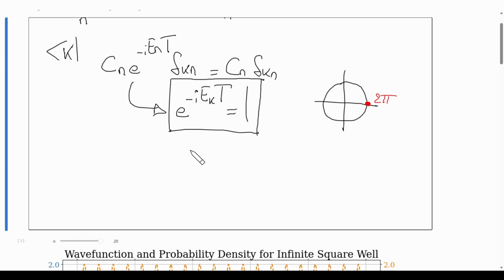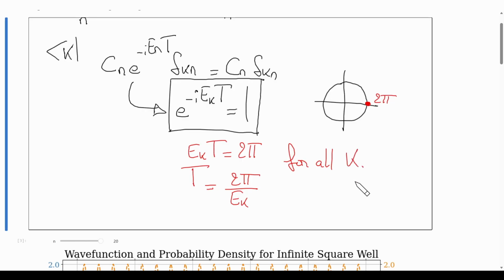But 2 pi will do, so Ek times t equals 2 pi. So this t must be 2 pi over Ek. And this is valid for all k.